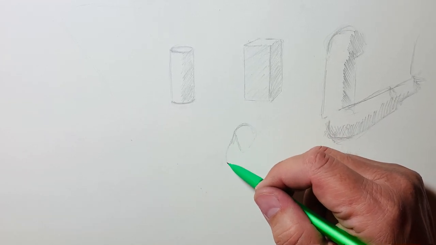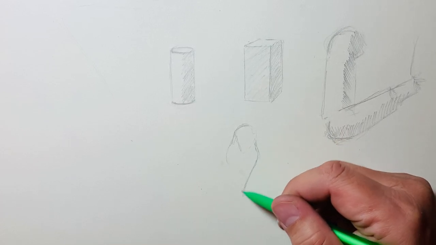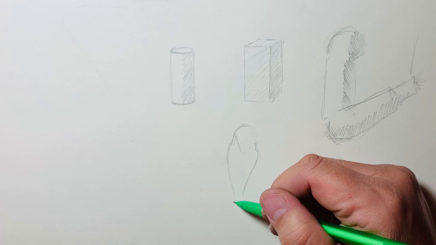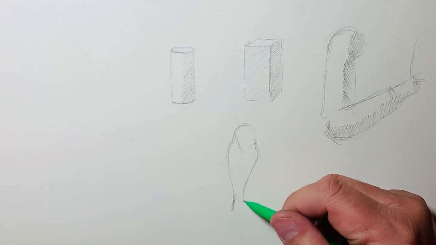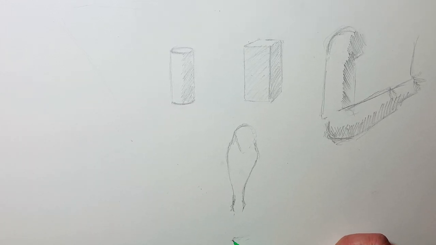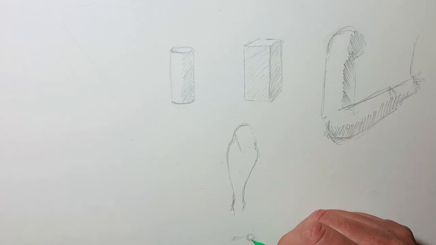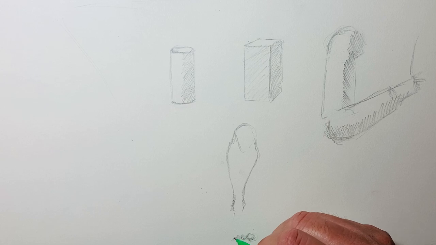We'll try a generic looking leg here. Someone with giant calf muscles. I'm probably a bit off on the proportions here, but that's okay. Let's put some little toes here.